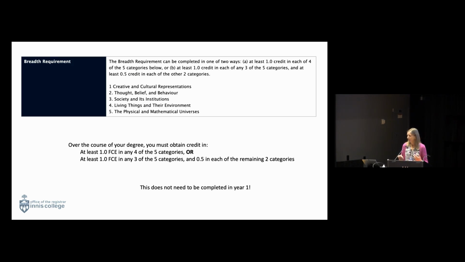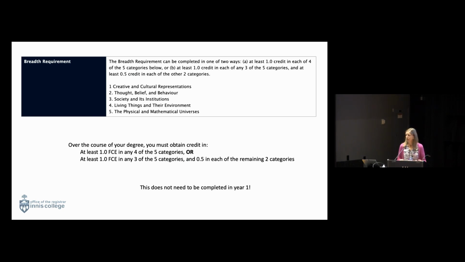All of the courses in the Faculty of Arts and Science are categorized into one of these 5 broad subject headings. And just looking at the titles of these subject headings, you can probably get a sense of what kinds of courses would fall under which area. So if you were to take a course under BR or breadth category 5, you can expect that they might be computer science or physics or chemistry or math. Living Things in Their Environment has courses for biology, environmental studies.